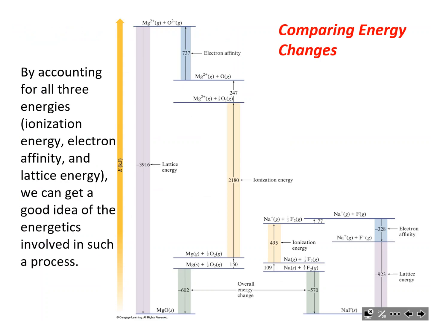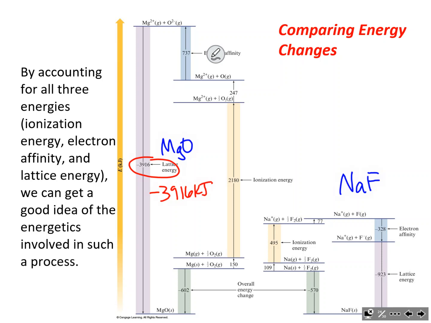All right, here shows you two examples. You have the NaF on this side, and then you have the MgO over here. It's showing you all the different changes here. But this number right here, it's hard to see, it's negative. This number over here, these are both the lattice energies.